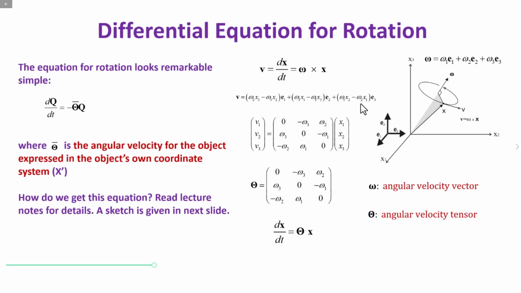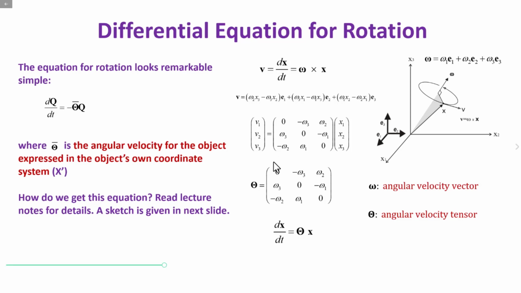It is far more convenient to write this relationship as a matrix multiplication. So instead of this cross multiplication, it's simpler to use a matrix multiplication. And instead of speaking of an angular velocity vector, we speak of an angular velocity matrix or tensor. The matrix or tensor format of the angular velocity is always such that the matrix is antisymmetric.